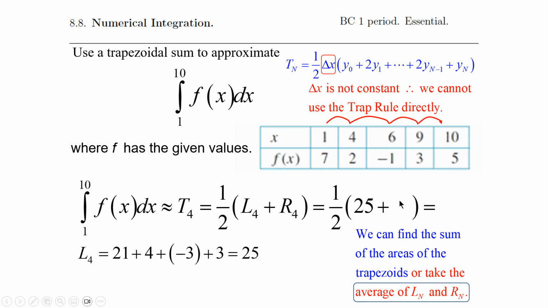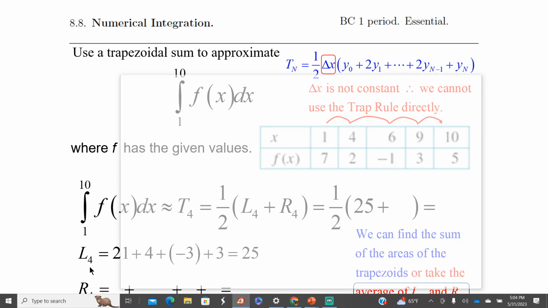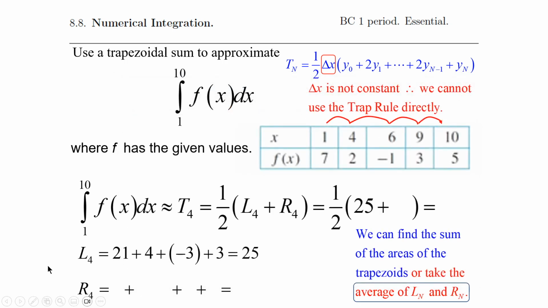And now all I have to do is the same thing to find my R sub 4. And R sub 4 would equal, now, 2 times the 3, 6. That's a 6. All right. -1 times the 2, that's a -2. 3 times the 3 is a 9.